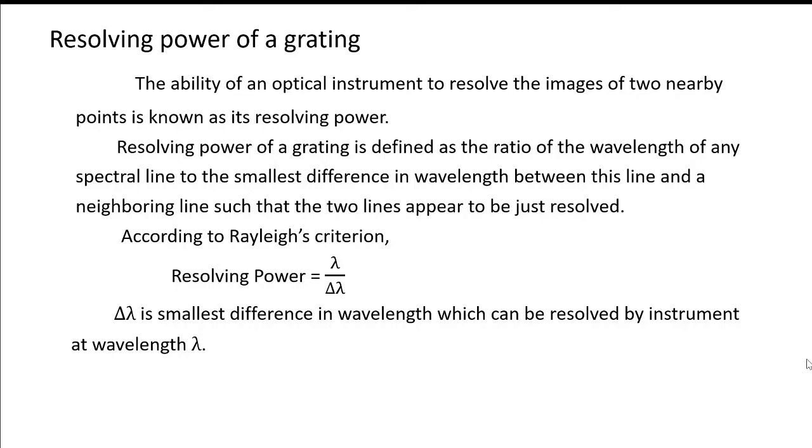Now, the resolving power of a grating is defined as the ratio of the wavelength of any spectral line to the smallest difference in wavelength between this line and a neighboring line such that the two lines appear to be just resolved according to Rayleigh's criterion. Resolving power is equal to lambda divided by delta lambda, where delta lambda is the smallest difference in wavelength which can be resolved by the instrument at wavelength lambda.